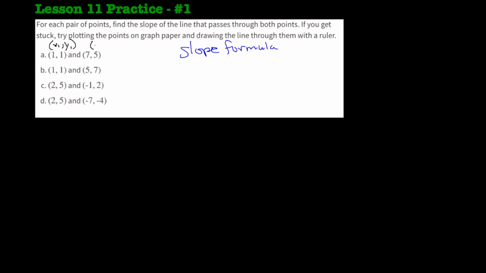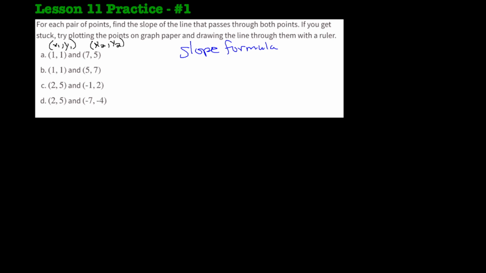Then that means that this ordered pair is going to be x2, y2. Again, there's no real numbers that go with those subscripts, but I'm just saying, like I have my first point, the first x and y coordinates, and I have my second point for x2, y2.